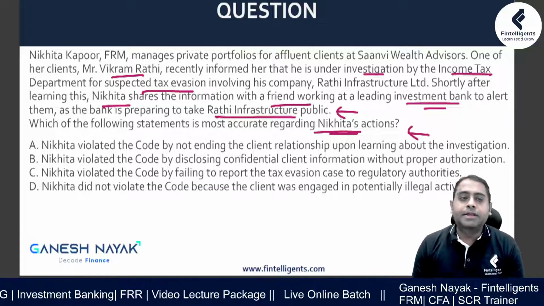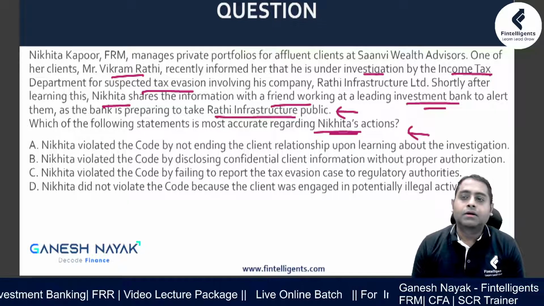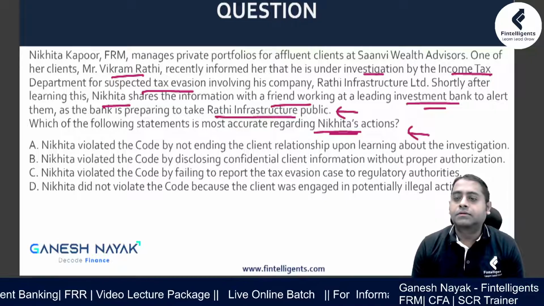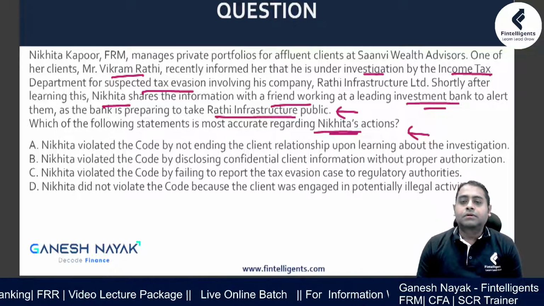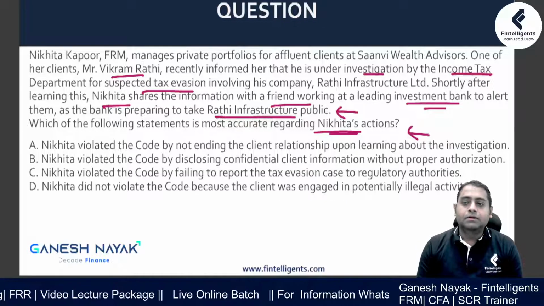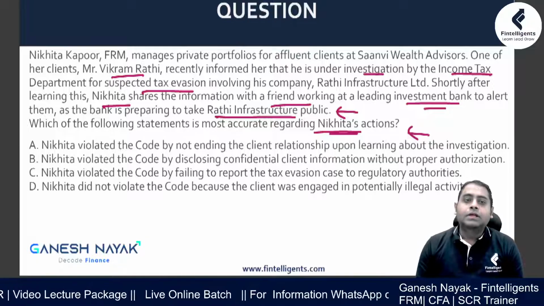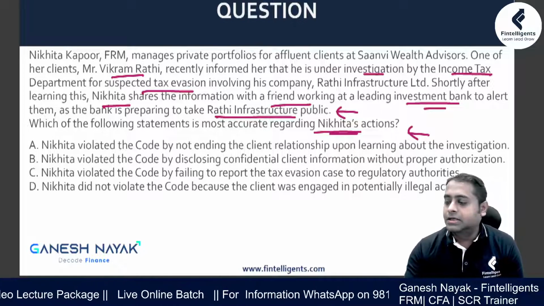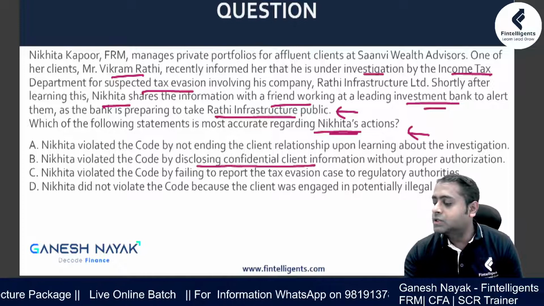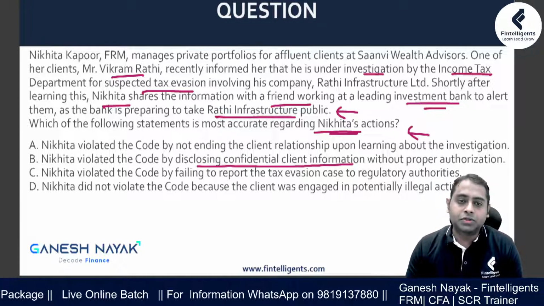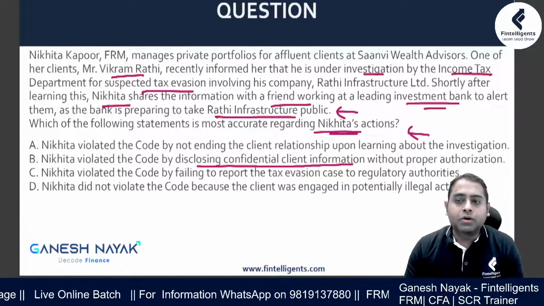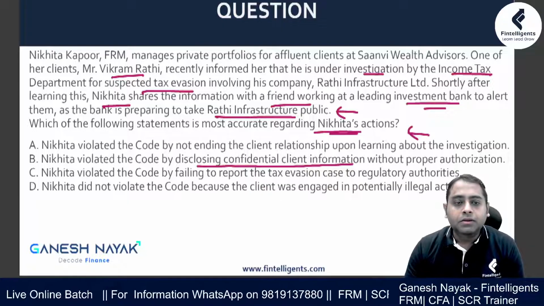Dhoni, is there a breach? Divya, Jason. Yes, the answer is there has been a breach because they have disclosed confidential information. No, but if that person was doing wrong, she should inform, no? Okay.